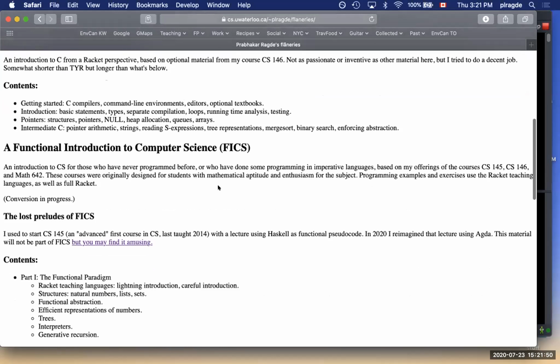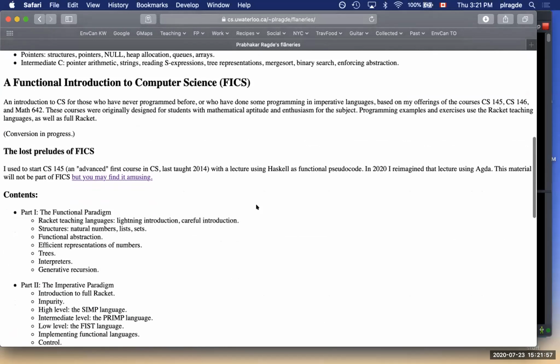Scrolling down, there's this stuff, Functional Introduction to Computer Science, which isn't ready yet. It's going to be the 145, 146 stuff, but I want to point this out to you, the Lost Preludes. It contains the original notes from the original first lecture that Taras saw that inspired his first lecture to you, and a reimagining of it in 2020.